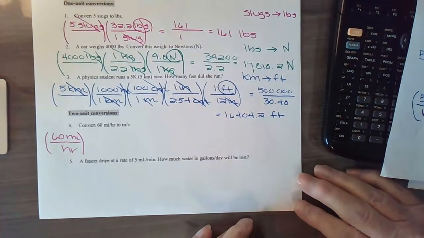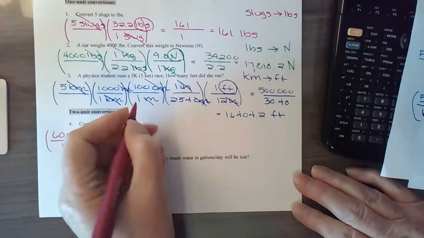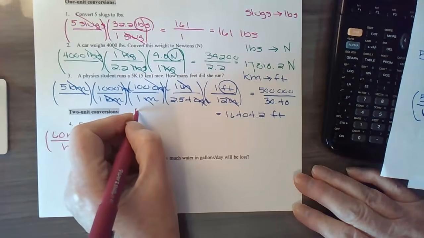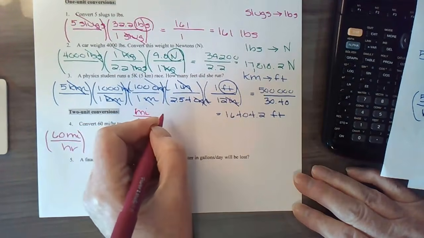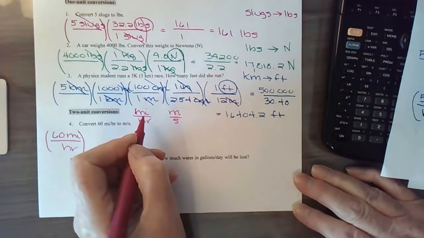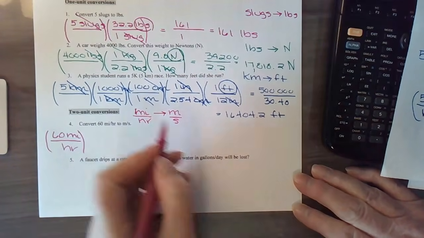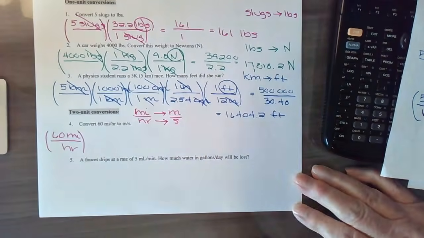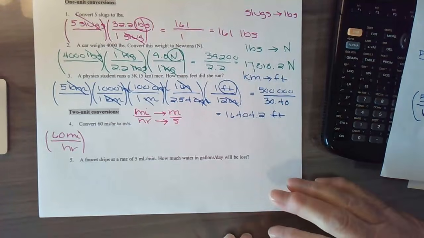All right, and then I have to convert that to meters per second. So you can see that I'm going to have to convert miles to meters and hours to seconds. That's why it's called a 2-unit conversion. I have to do like 2 problems in one.